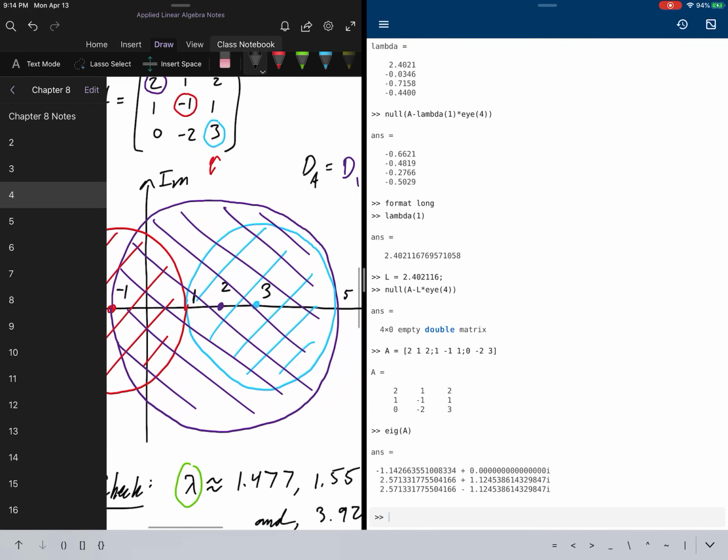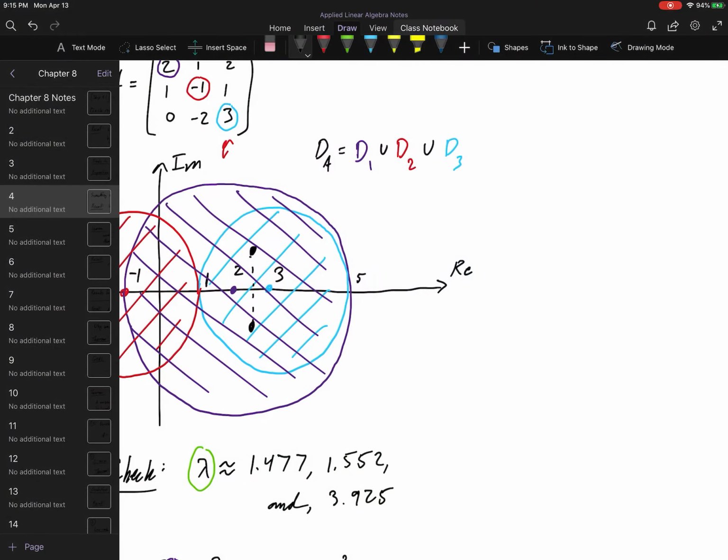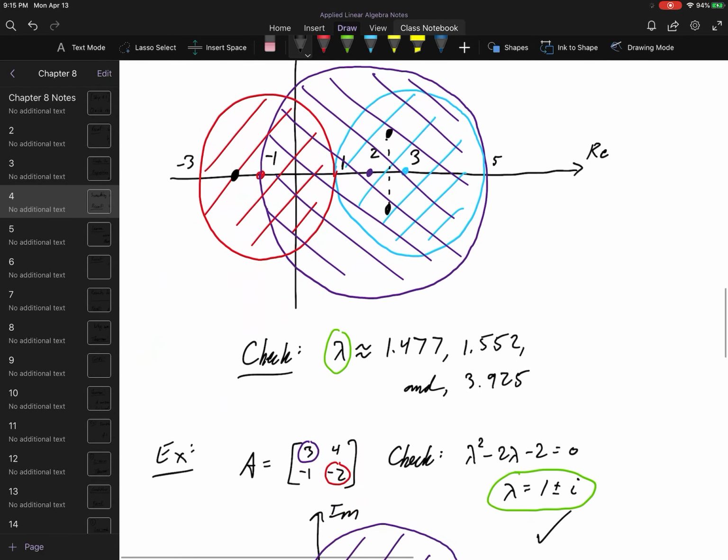Remember, if I get one complex number, I get its complex conjugate for real matrices. So sure enough, I get the complex conjugate pair that sits inside the purple and the blue disks. So no problem. We actually wind up with exactly the correct thing now. So we do wind up with eigenvalues that live inside the Gershgorin domain. There we go.